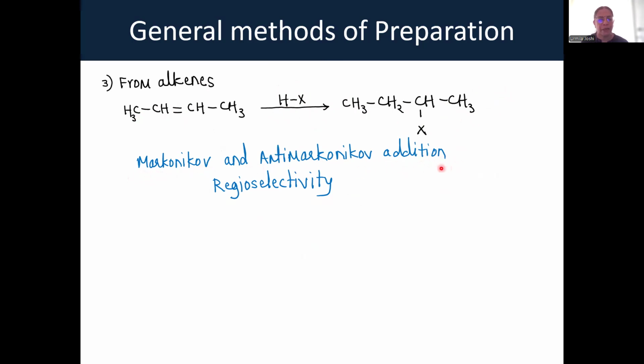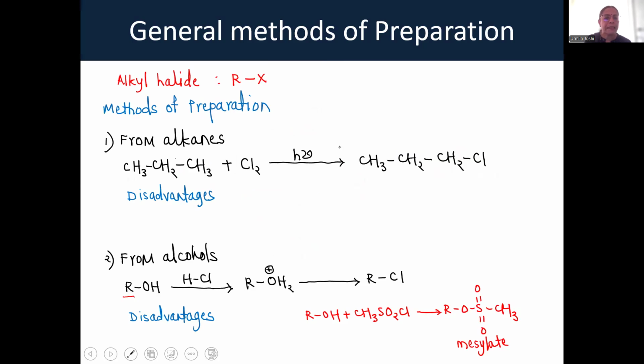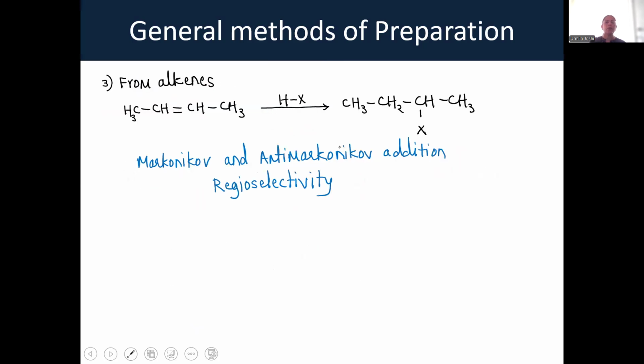You have learned them in 12th standard. So the net result is the reaction is called a regioselective reaction. In other words, where the halide goes is decided by the reaction. So, effectively, there are three major methods of preparation of alkyl halide: from alkanes, from alcohols, and from alkenes. The most commonly used method is from alcohol, followed by preparation from alkene.